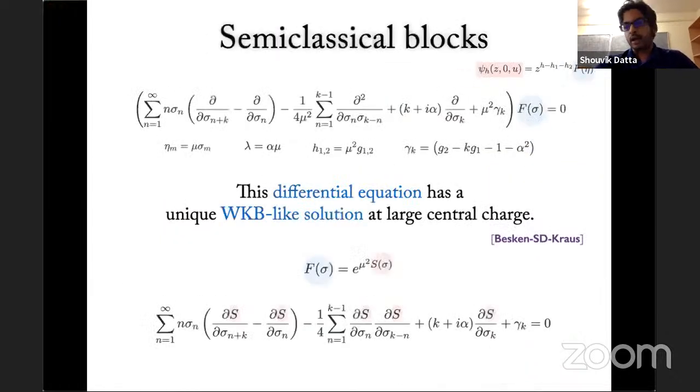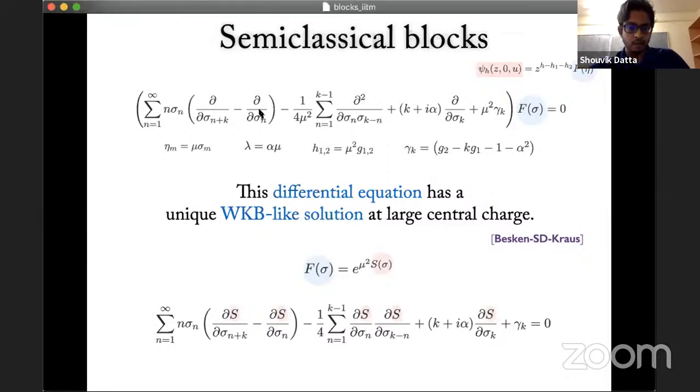And one now focuses on the semi-classical regime, where one rescales these variables appearing over here. The details are not important, but the point is that in this regime, which is the semi-classical regime, this differential equation has a WKB solution over here, and once you plug in this WKB solution, this becomes a nonlinear equation in this way, and this can be shown to have a unique solution.